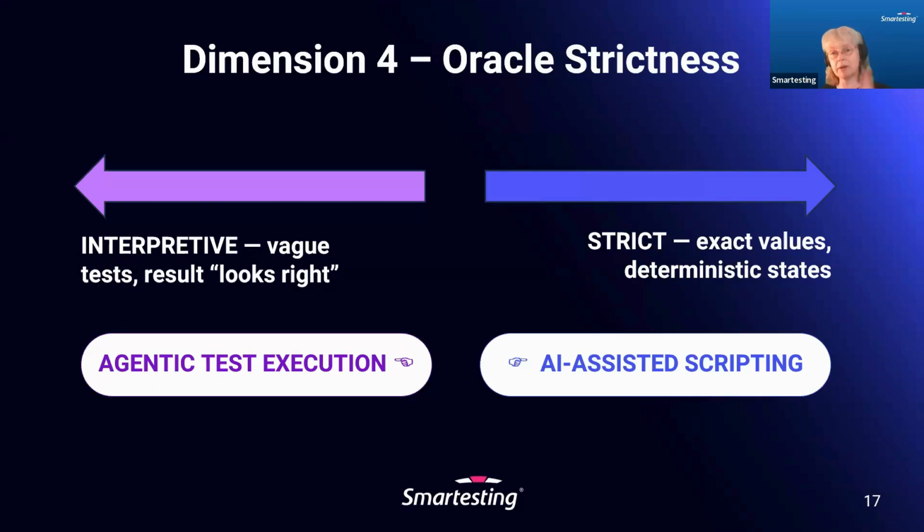If it is extremely important that no cookie window pops up in the middle of what you're doing, then you need a really strict Oracle. And then you better go for scripting, because scripting will fail when an unexpected dialog pops up, and it will also fail if the button is not named correctly or the locator has changed.